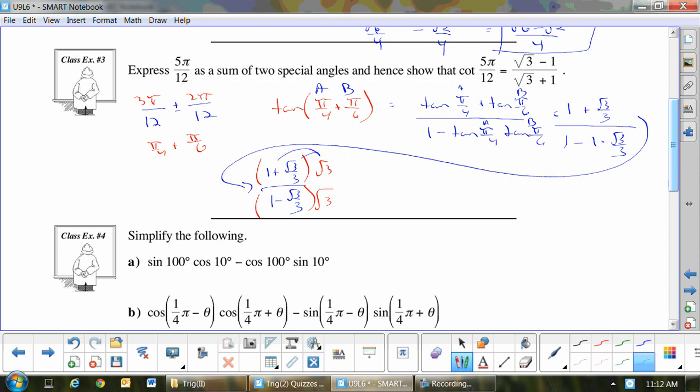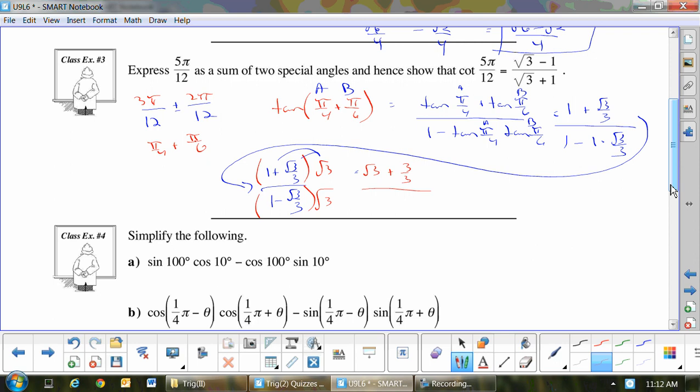Okay, watch this. We're distributing this, right? What is root 3 times 1? That's root 3. What is root 3 times root 3 over 3? That turns out to be 3 over 3. You start to see where I'm going to now lose my fraction.